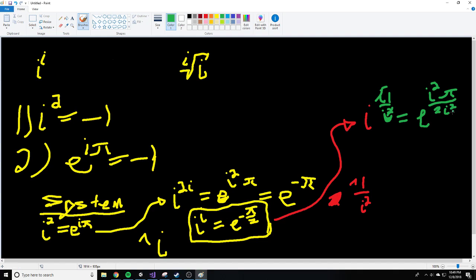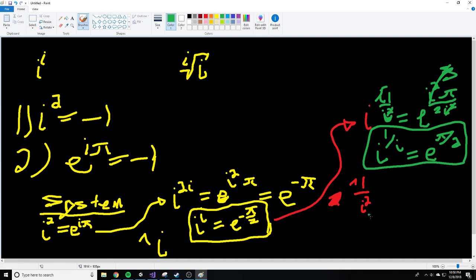So those two will cancel, and we'll be left with i to the 1 over i equals e to the pi over 2. And as you know, i to the 1 over i is the ith root of i.